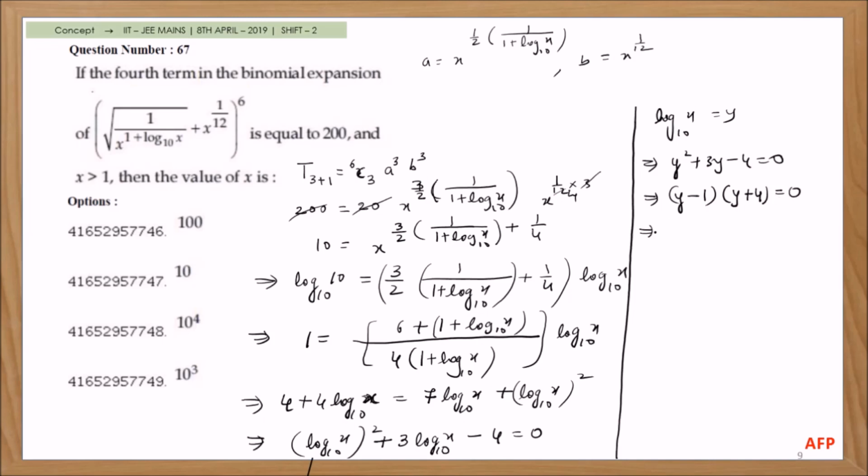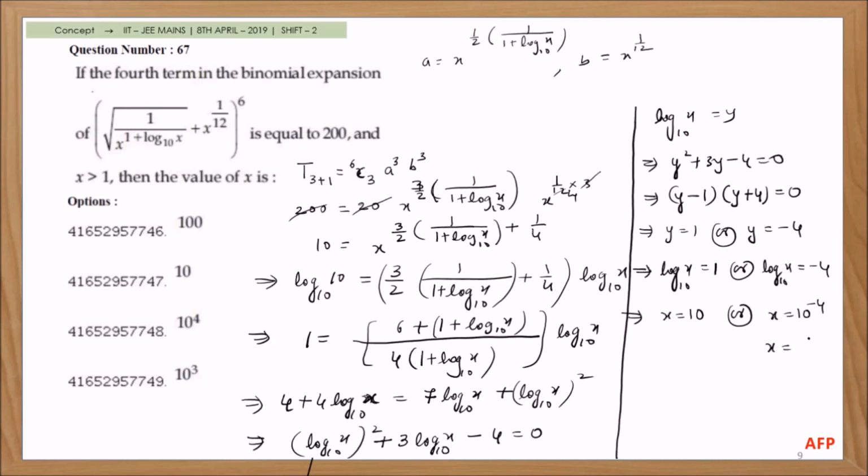So this implies y is equal to 1 or y is equal to minus 4. What is y? Log x to the base 10. So this implies x is equal to 10 or x is equal to 10 raised to minus 4.